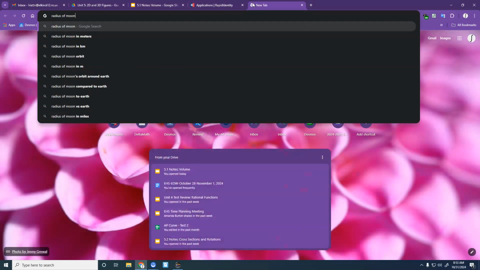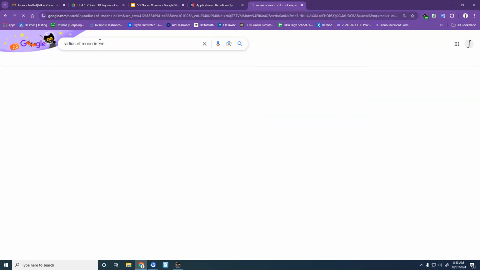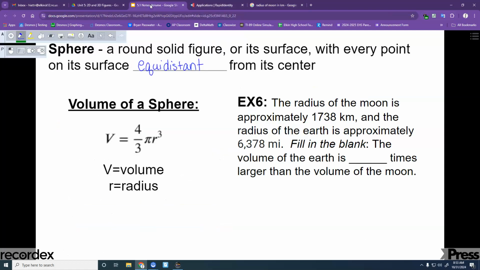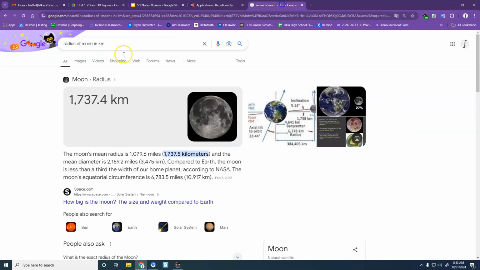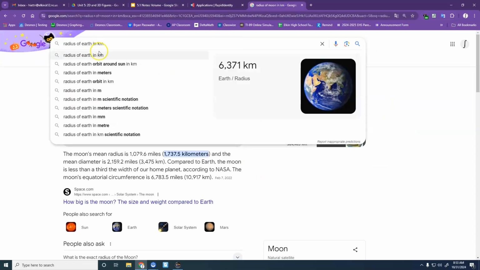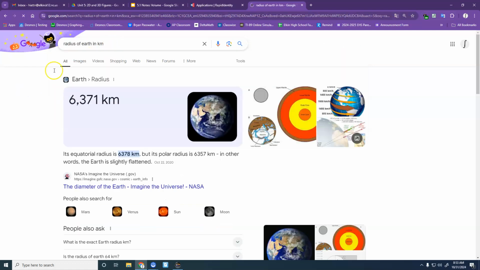Radius of moon. All right, I want kilometers and kilometers. All right, 1,737, is that? Yeah, that's what I got. Okay. And then radius of Earth in kilometers, 6,370.